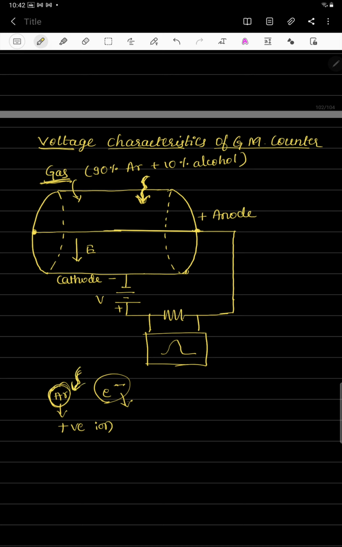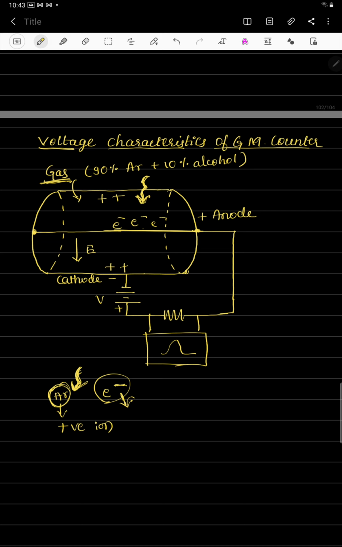Our aim is to detect this particle. Since the tube is connected to a high tension battery, the electrons are accelerated towards the positive terminal, the anode, and all the positive ions are accelerated towards the cathode, which is the metallic chamber.